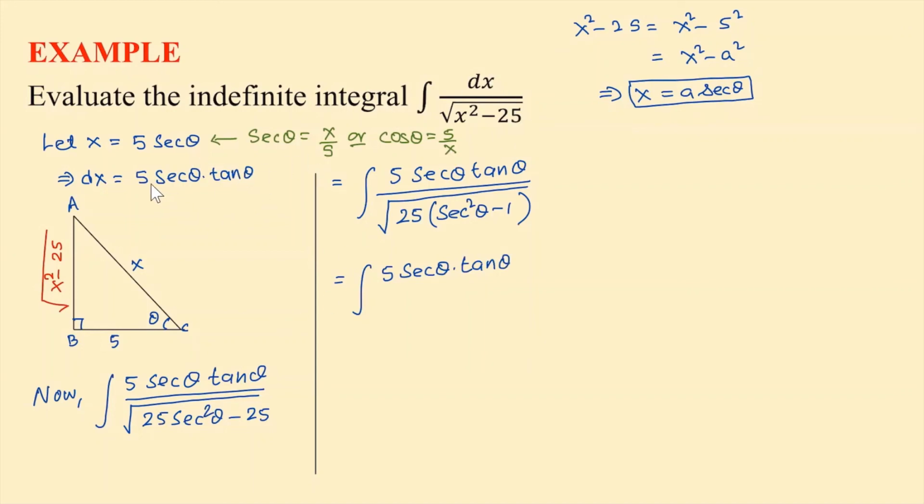Dx is 5 secant theta tangent theta d theta, so we must have that d theta. Because when you find the derivative, it is dx over d theta, and when you carry that d theta to the other side, it multiplies there. Divided by, in the denominator, square root of 25 is 5. Secant squared theta minus 1 is tangent squared theta, but we have the square root, and the square root of tangent squared theta is tangent theta.